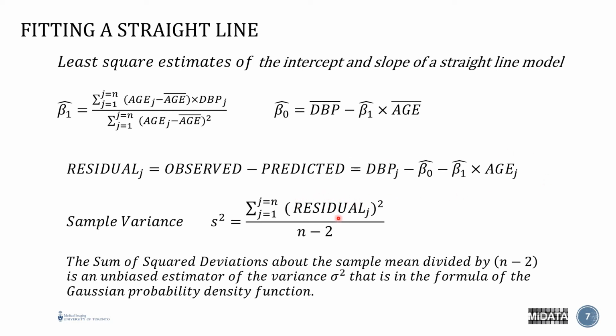And we're going to put it in here and square it. And this time we divide by n minus 2 because there are two parameters in our residual that are being estimated. And this, once again, is an unbiased estimator of the variance that is in the formula of the Gaussian probability density function.